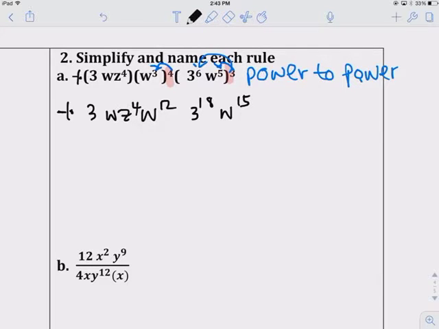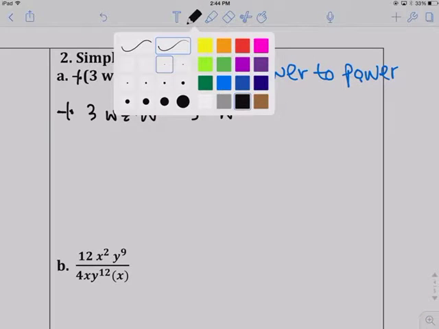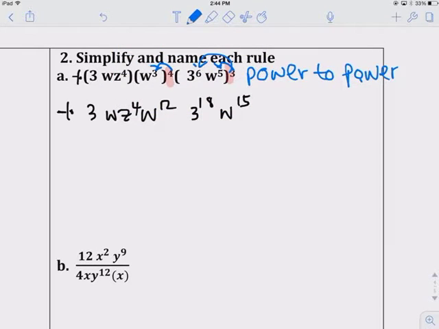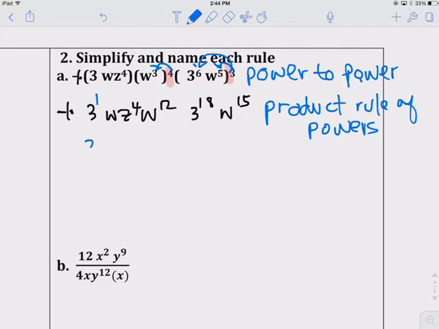Okay, so now what property are we going to use? Product rule of powers, right? Is it product rule of powers? So that means we combine, we get 3 to the 1st plus 18, right? Don't forget your -1.